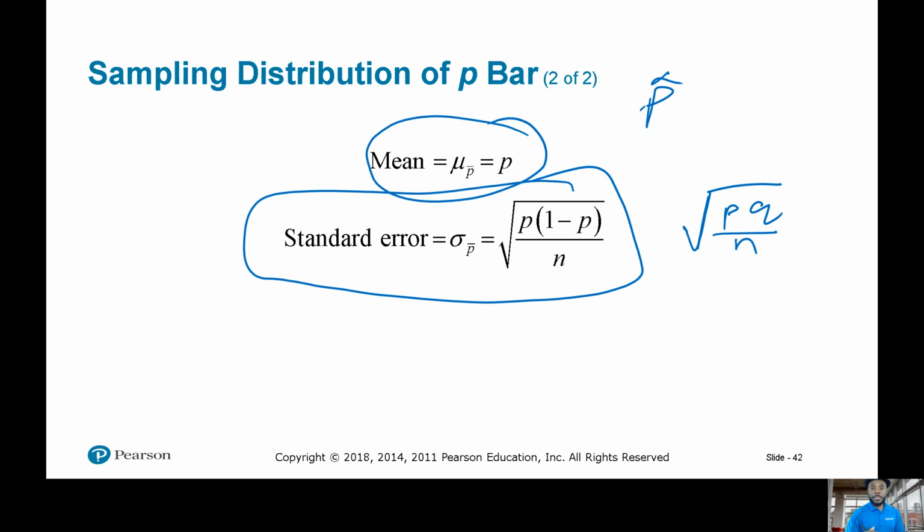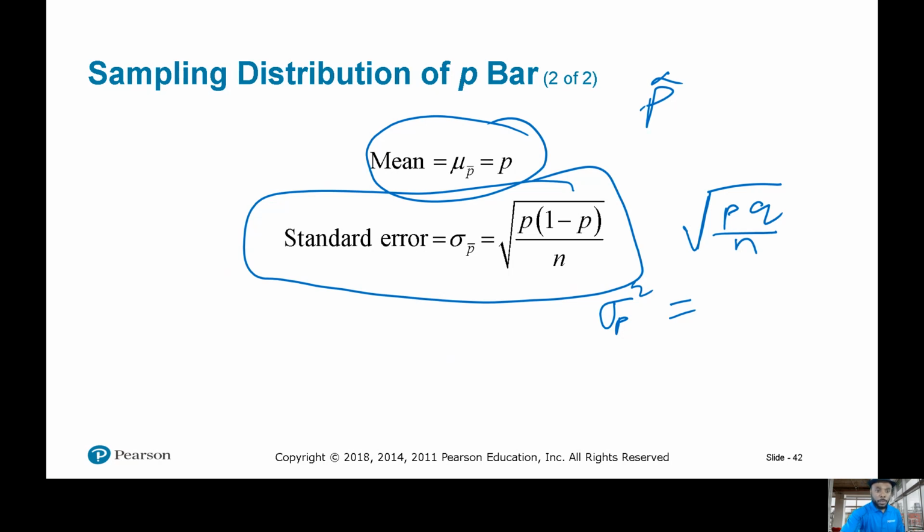Another way to see these in terms of what we've done so far is to represent this in the context of the variance. Now, the variance, sigma P hat squared, is equal to, let's leave it as this.